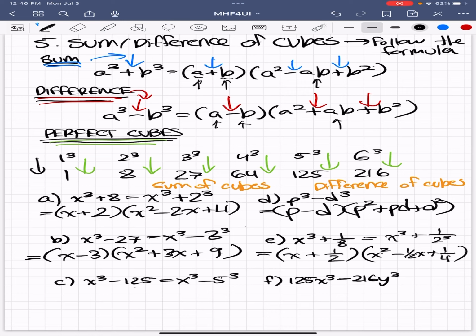Yep, that's correct. Okay, and then we have x minus 5 in brackets, and then we have x squared plus 5x plus 25. And that's difference of cubes.